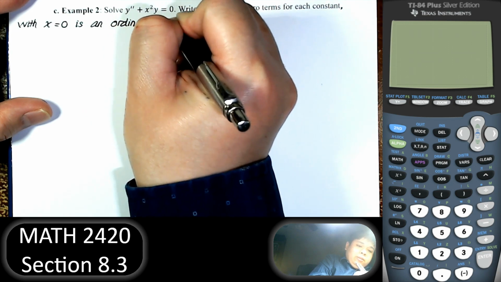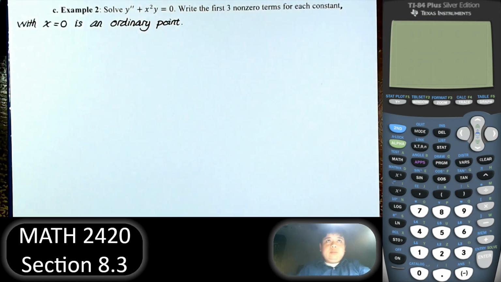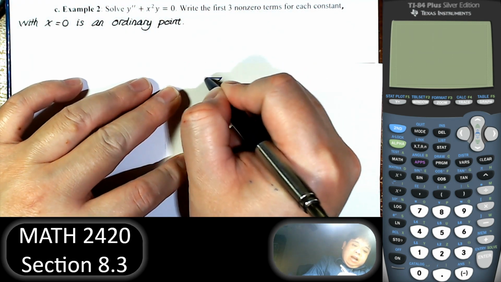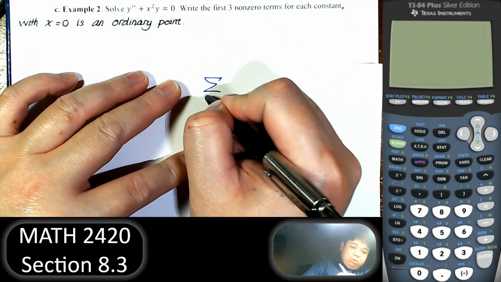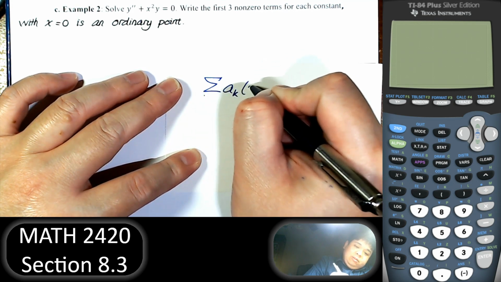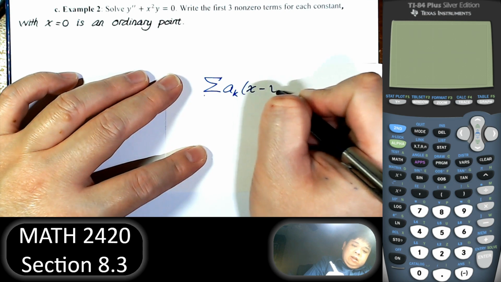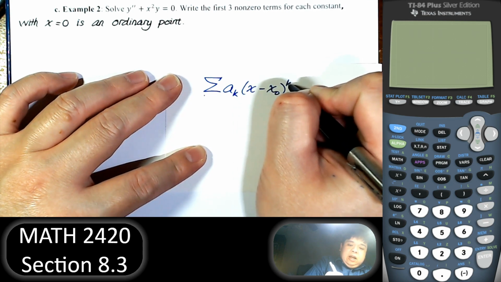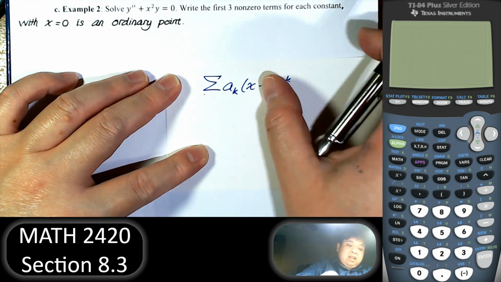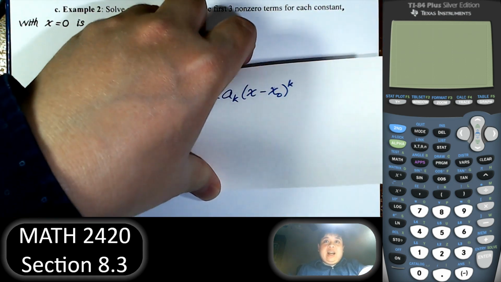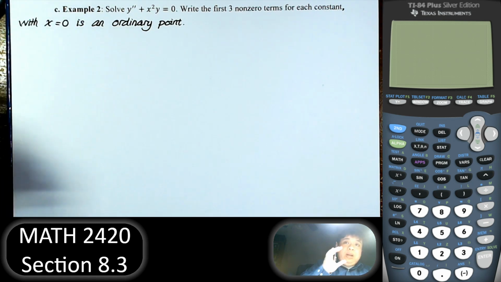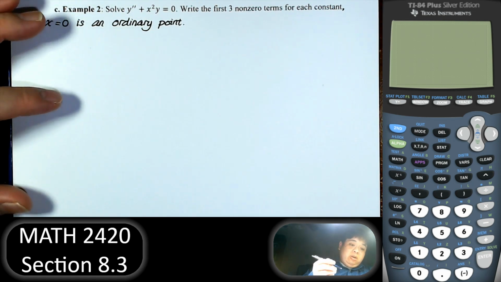By the way, if this series does not start at x equal to 0, if it starts at some other number, then we have to write that instead of just x. But we assume that at x equal to 0. So to keep things simple, we just assume that the power series will be centered at 0.